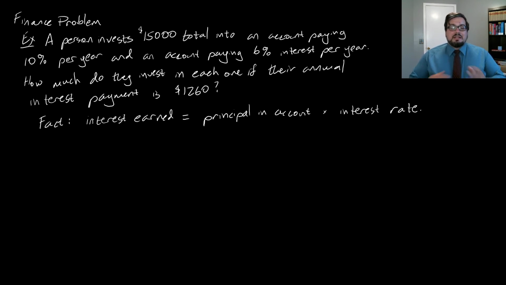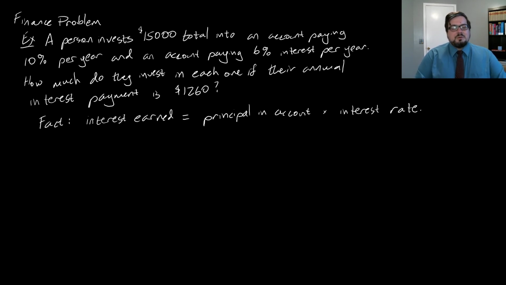So the interest earned in each account is equal to the principal in that account times the interest rate. Now we know the interest rates for both of the accounts involved, and what we don't know is the principal that's in each one. So we've got some unknowns here.